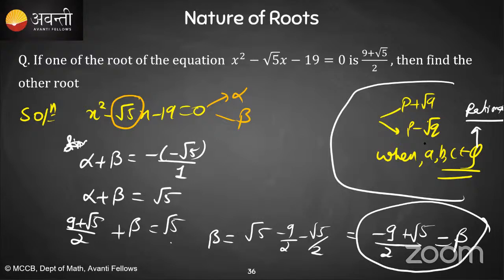Only when a, b, c are rational. जो हमें quadratic expression given था, there b is irrational, it does not belong to Q. So it means this property might not be true, right? उसके लिए हमें another root find करना ही पड़ेगा, डायरेक्टली नहीं बोल सकते.